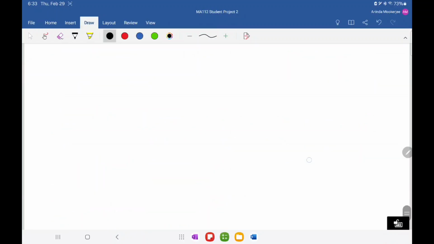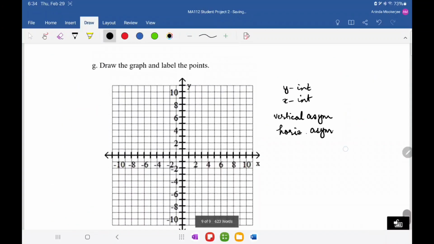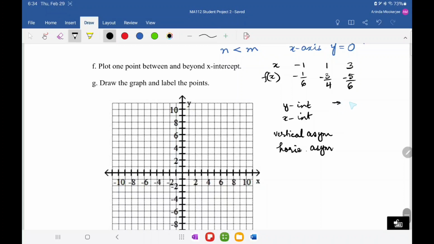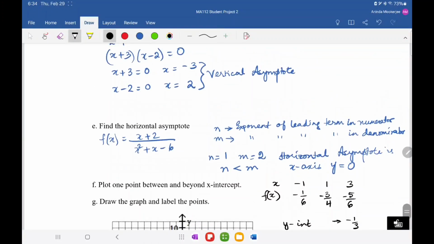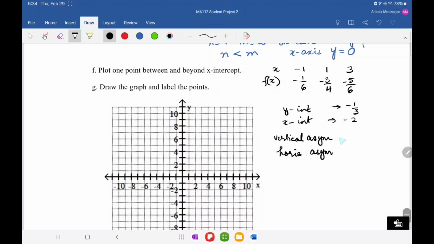X-intercept was at -2. The vertical asymptotes were at x equals -3 and x equals 2. And the horizontal asymptote is the x-axis, so y equal to 0.